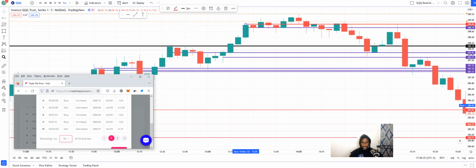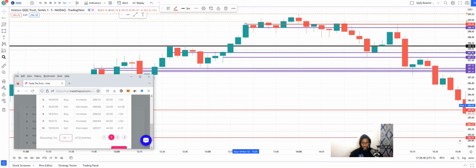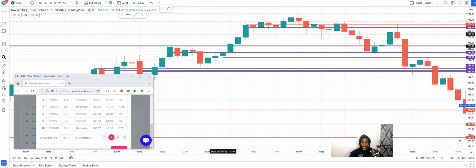And then yeah, there's more on the other side. So at 130 now, I increase my position at 130. Okay. Increase the position by 20 at 28860.